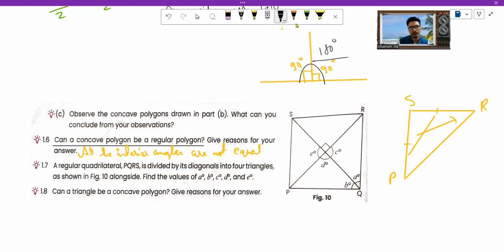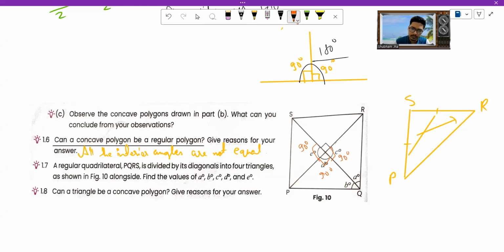Therefore, if this angle is my 90 degrees, then this angle will also be 90 degrees. This is again a straight line, so this angle is 90 degrees and similarly this angle is 90 degrees.